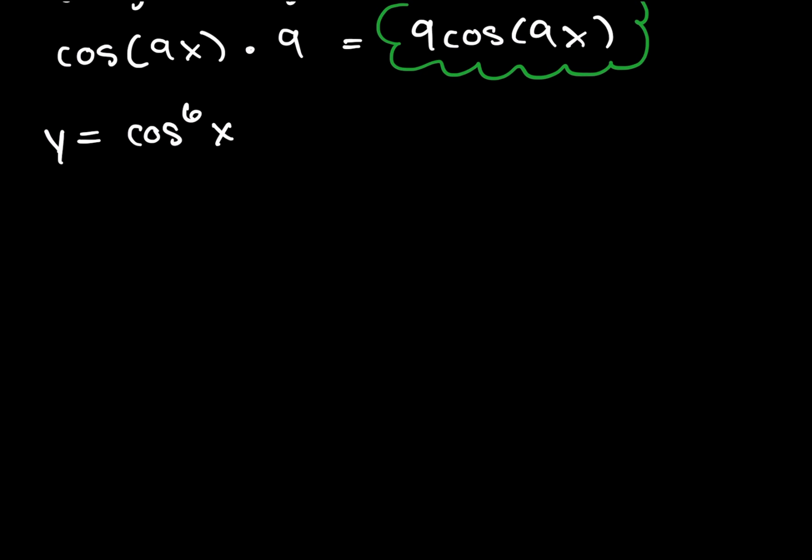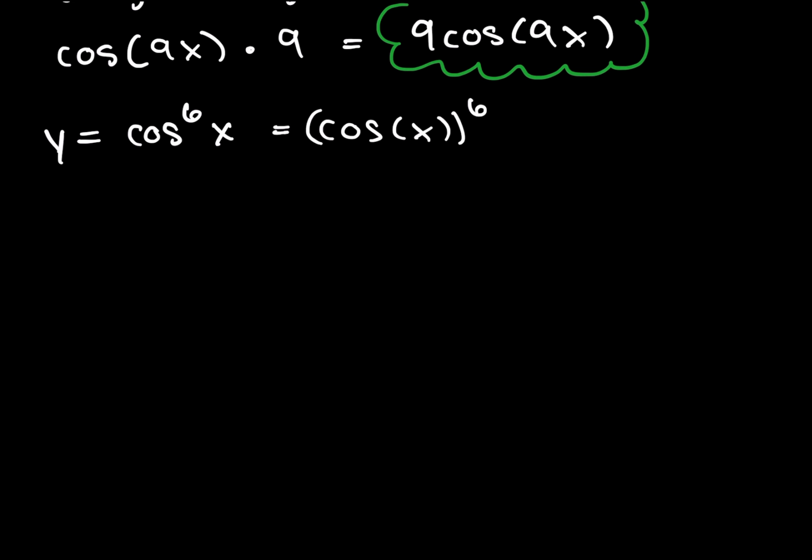Well, first, before we get into figuring the inside and the outside out, I should mention that cosine to the 6 of x can also be written as cosine x to the 6th power. So basically, the 6 being in the middle just means that it's the entire function being to the 6th power rather than just this little x inside.